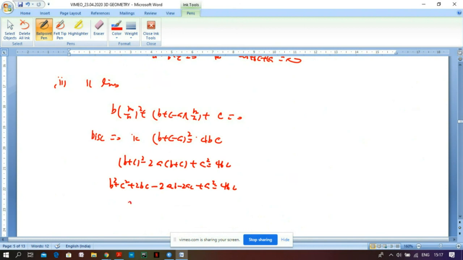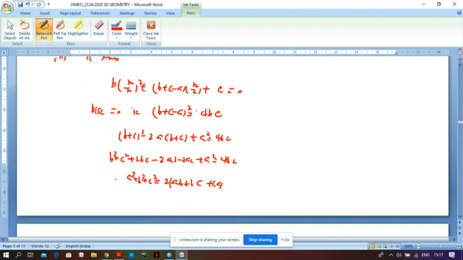And so I can write a squared plus b squared plus c squared is twice ab goes that side. So twice ab plus bc and plus ca, because 4bc minus 2bc also becomes 2bc. And so we are getting this result. So we are saying that they are parallel if this holds.